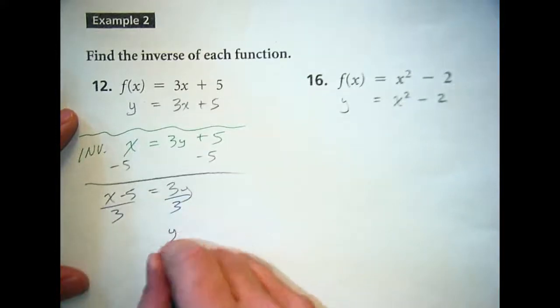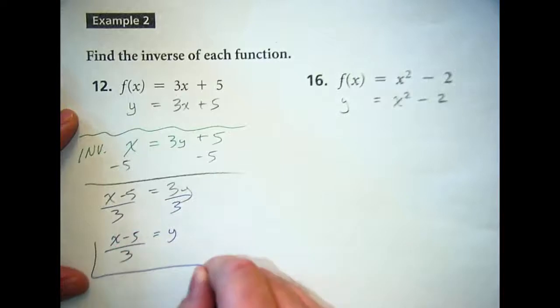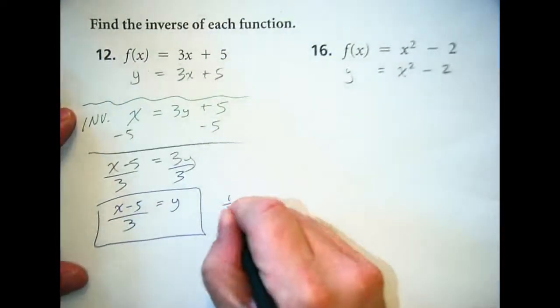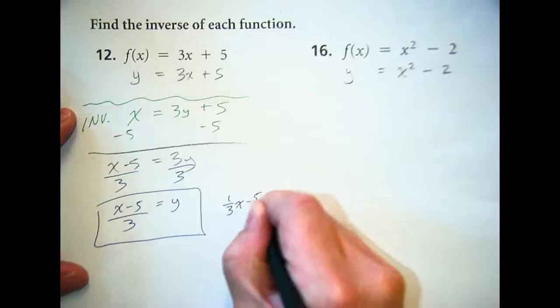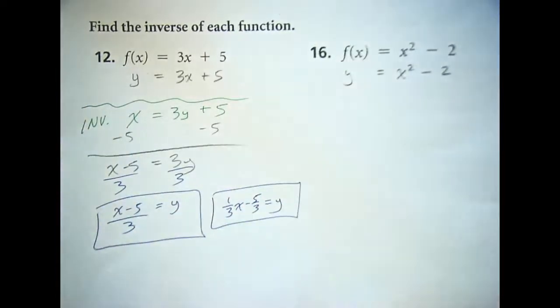And it's okay to leave it like this if you want, x minus 5 over 3 equals y. Or if you wrote it as 1/3 x minus 5/3 equals y, that's fine as well. Okay? Any questions on that? How many got it? Okay.